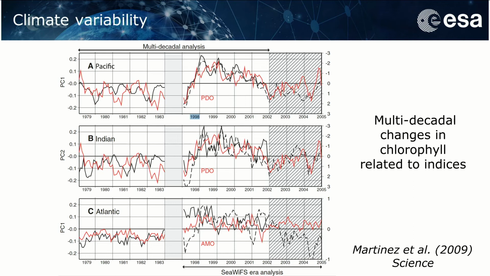So in the Pacific, for instance, the first principal component was related to the Pacific Decadal Oscillation. In the Indian Ocean, the second principal component was also related to the Pacific Decadal Oscillation. And in the Atlantic, there was a significant relationship with the AMO, the Atlantic Multidecadal Oscillation.